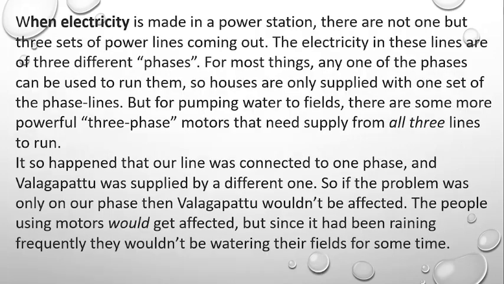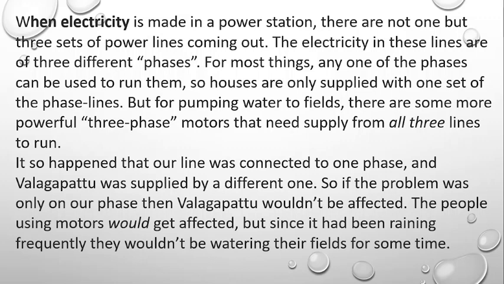When electricity is made in a power station, there are not one but three sets of power lines coming out. The electricity in these lines are the different phases. For most things, any one of these phases can be used to run them, so houses are only supplied with one set of the phase lines. But for pumping water to fields, there are some more powerful three-phase motors that need supply from all three lines to run.